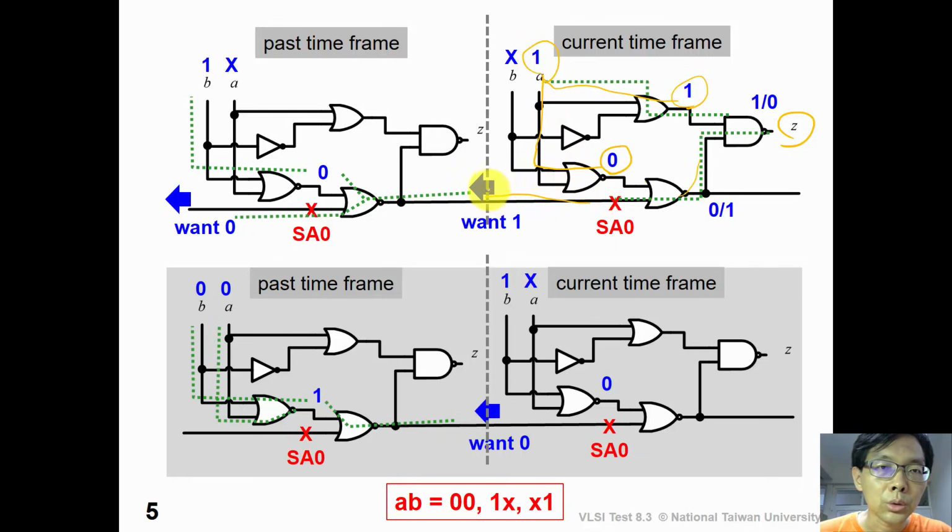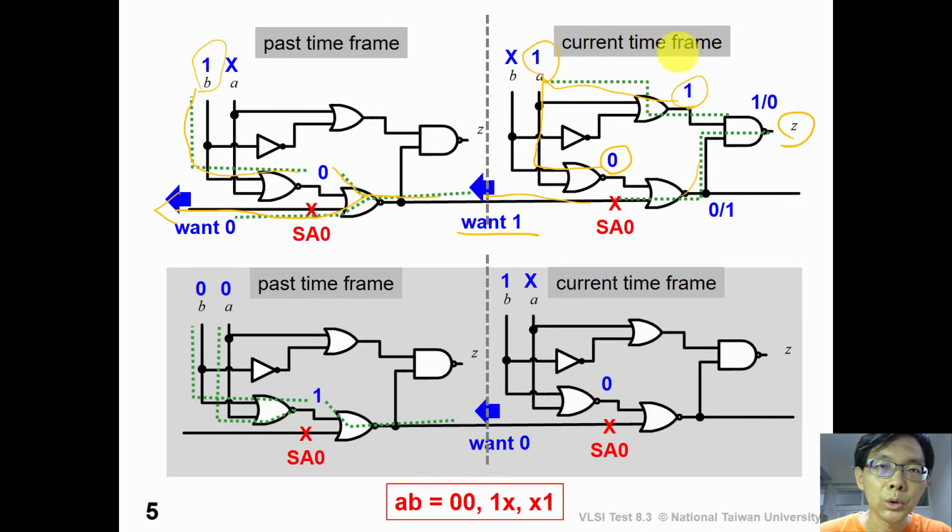Now we want to justify the 1 value from the past time frame. So along this chosen path, if we want to sensitize this path, we backtrace to B, which is assigned to 1. We also need a 0 from the left time frame.